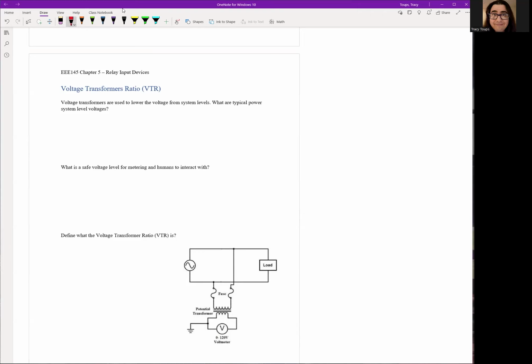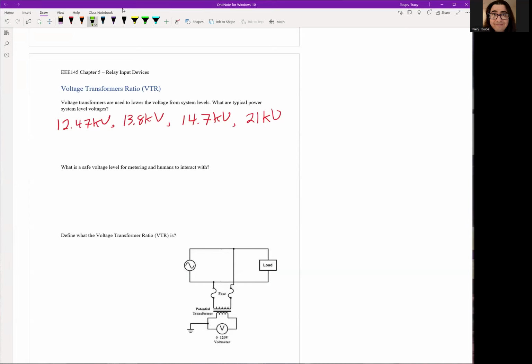Okay, so what are the typical voltages we see in a power system? We made a few, but let's get a little more exact numbers. 12.47 kV is one. Common ones are 13.8 kV. You might see 14.7 kV, 21 kV. You might even see some lower ones, but these are typical voltage levels you'll see.